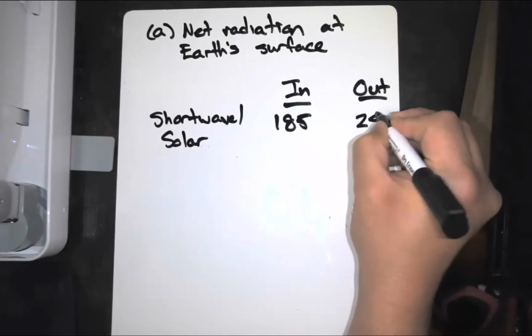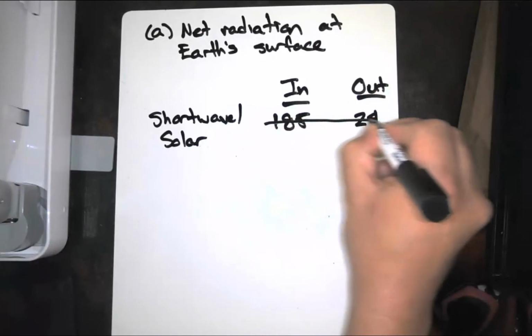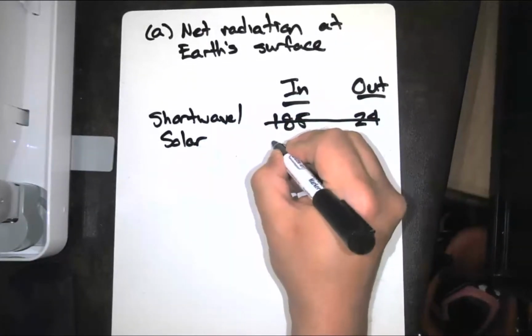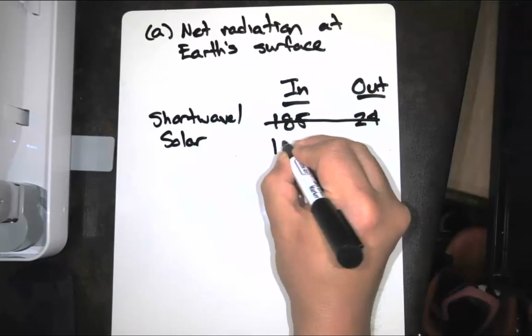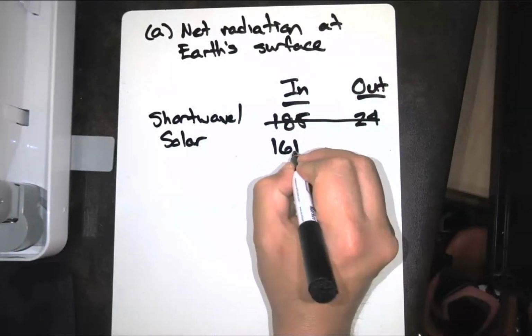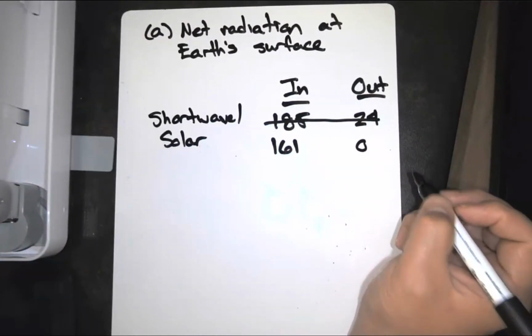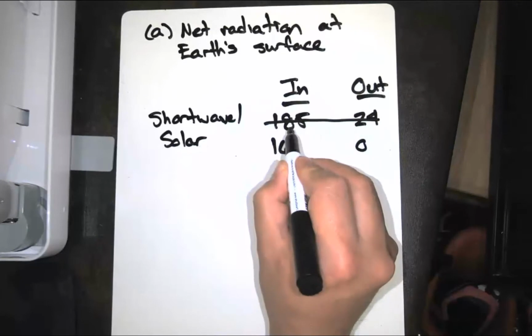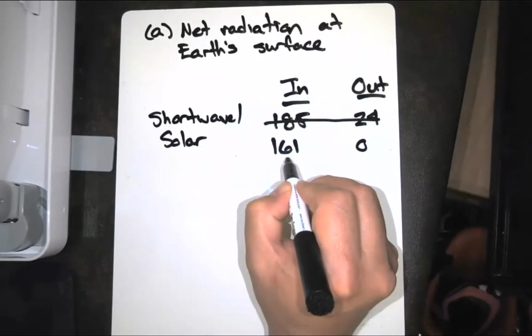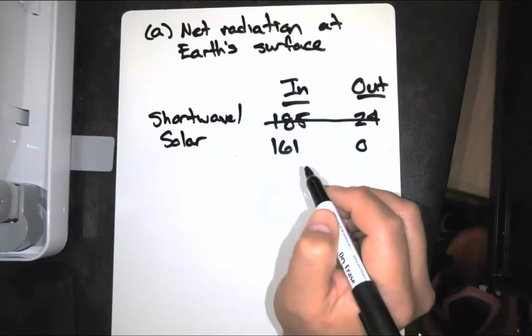Leaving, we have 24. Or the other insight that we can gain from the figure is that the net of those, the sum total of those, is 161 in with 0 out. Right, so if you subtracted 24 from 185, you would just get 161. So the figure is sort of helping us skip ahead a step, as it were.